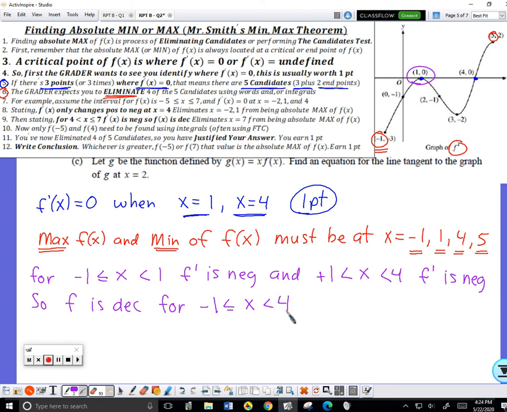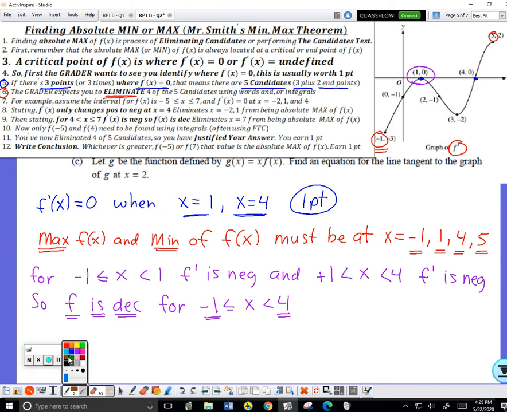So f starts at some value and then f goes down all the way until we get to x equal 4. So from x equal negative 1 to x equal 4, f is decreasing.